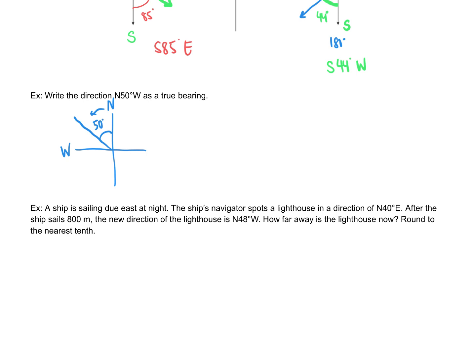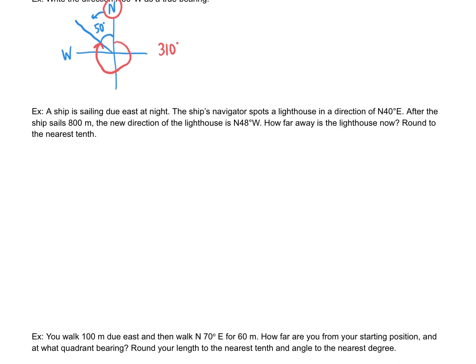Now that is our quadrant bearing, but if I want a true bearing, I have to start from the north and go clockwise. That is my true bearing. I know a full rotation is 360, so I'm just going to do 360 subtract 50 to get a true bearing of 310 degrees.